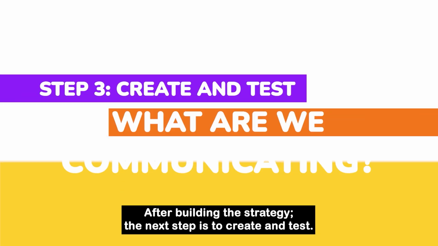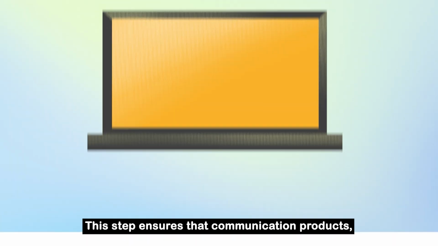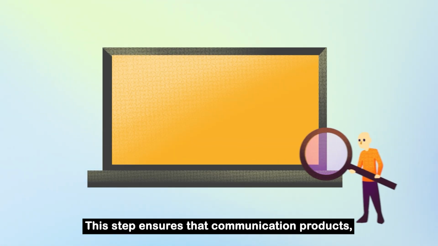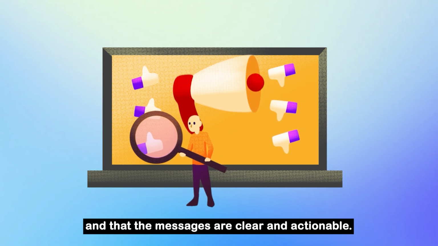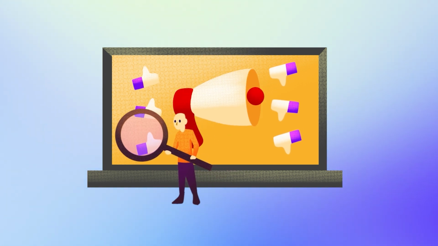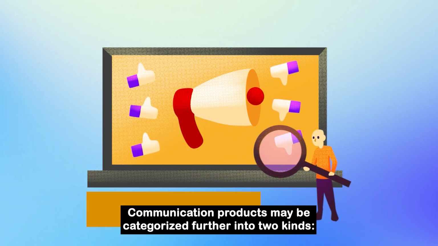After building the strategy, the next step is to create and test. This step ensures that communication products, concepts, and ideas resonate with intended audiences and that the messages are clear and actionable. Communication products may be categorized further into two kinds.